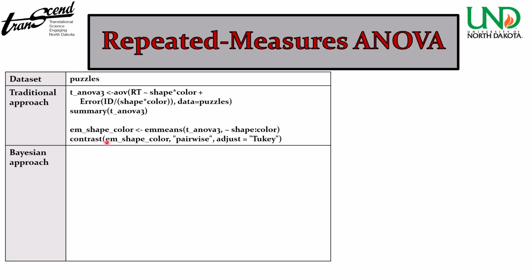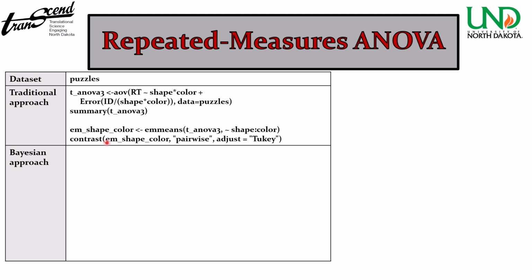Because it's repeated measures, different individuals tried these times with different shapes and different colors. So there's this ID term that links the individuals. That's the repeated measure. One individual did multiple treatments.